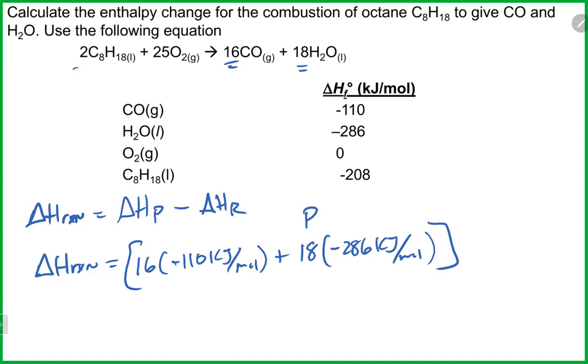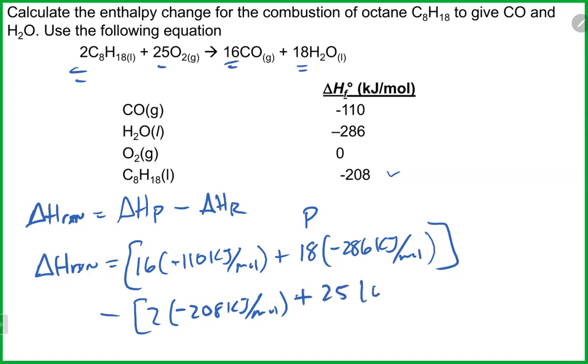We're then going to move over to our reactants. I'm just going to do it underneath: minus 2 times our reactant there, that one right there, minus 208 kilojoules per mole. We're going to add it to our other one, which is 25 oxygens, which are all going to be 0 here. Once again, products minus reactants.